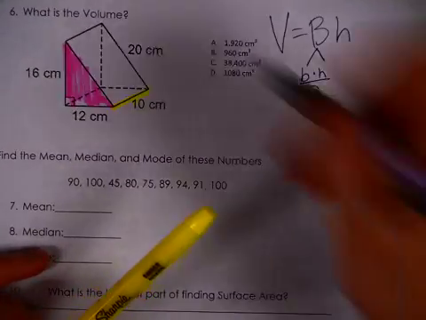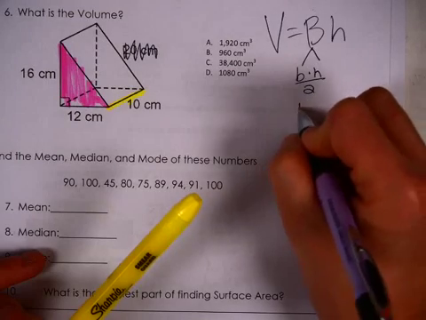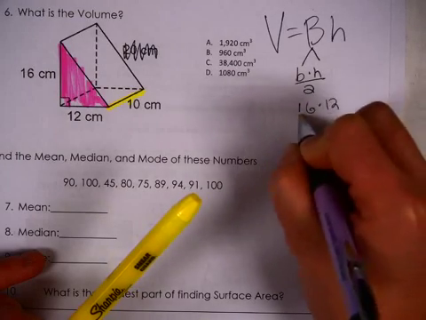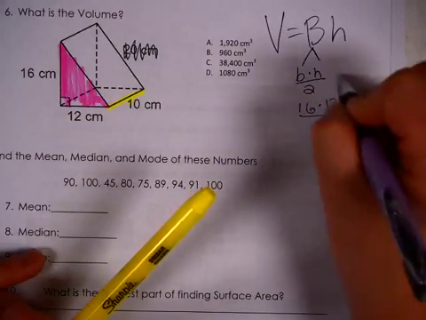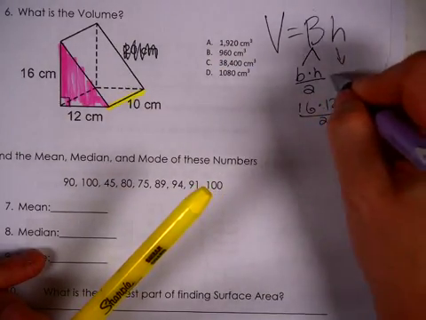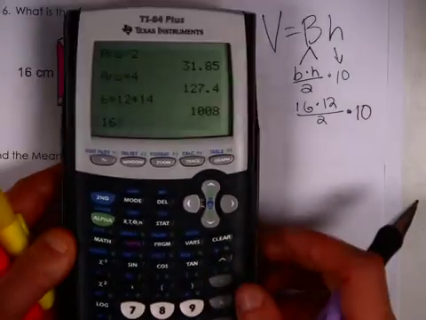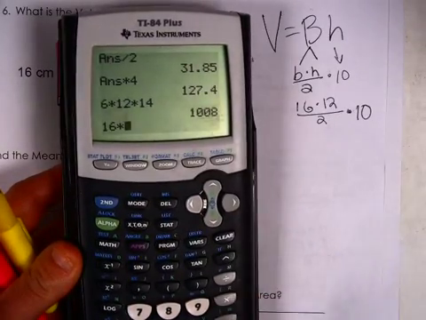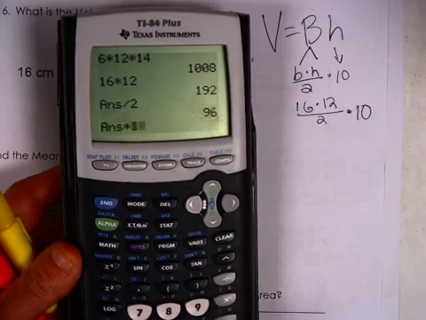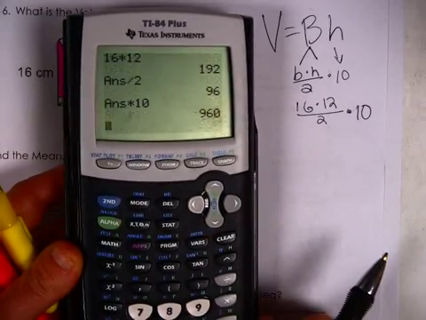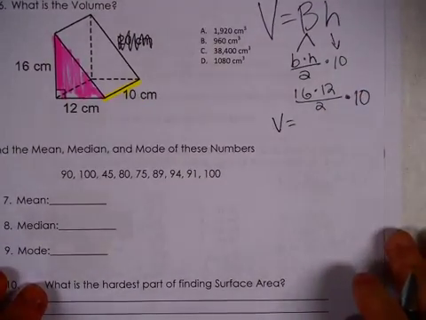Now, it turns out 20 was an extra number given to mess you up. So you have to do 12 times 16 divided by 2 times 10. Okay? Because the height is 10. Alright, so 16 times 12 divided by 2 times 10. And your answer is, very few of you got that one right.